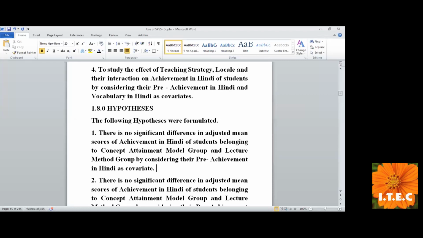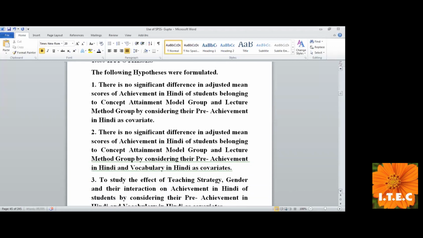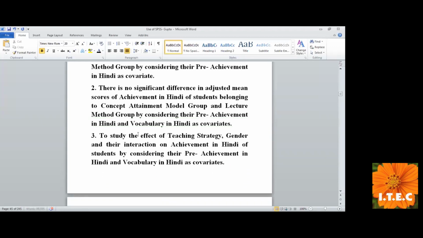Why? Because here I have analyzed the data with the help of analysis of covariance. So that is why you have to write this. You should know when to write adjusted mean and when to write only mean.